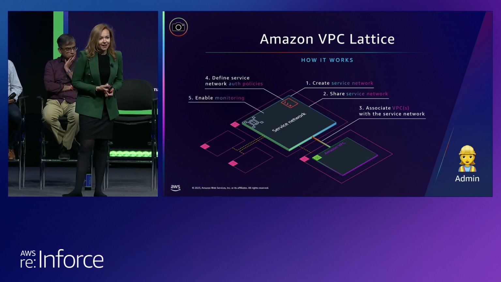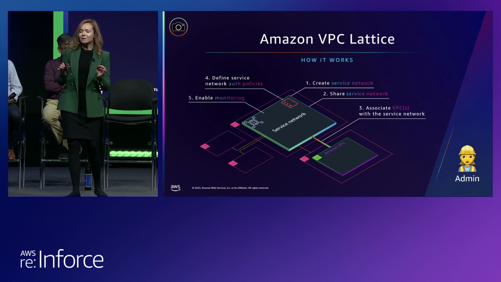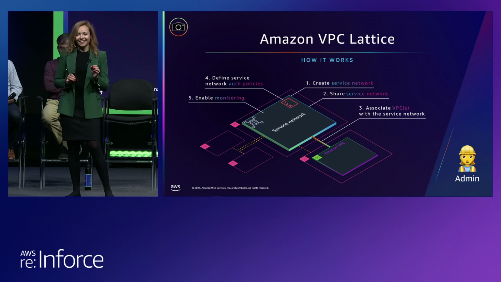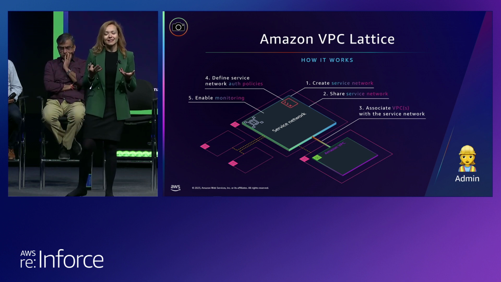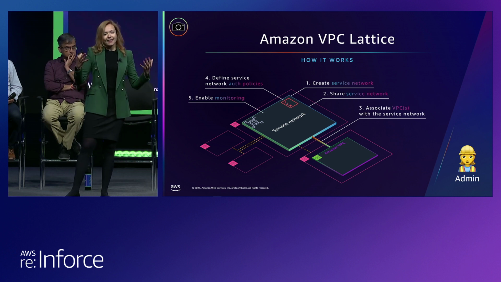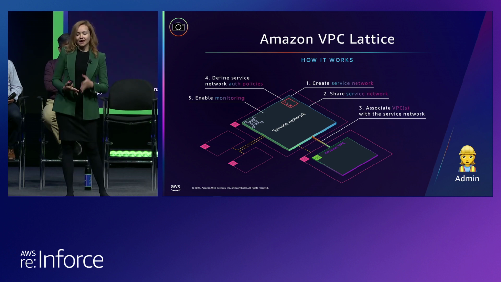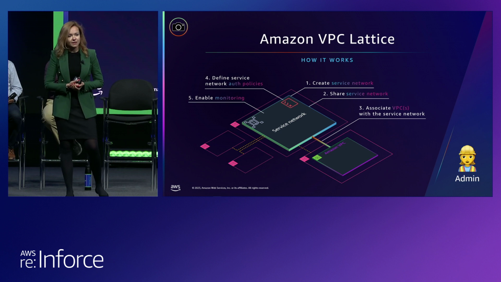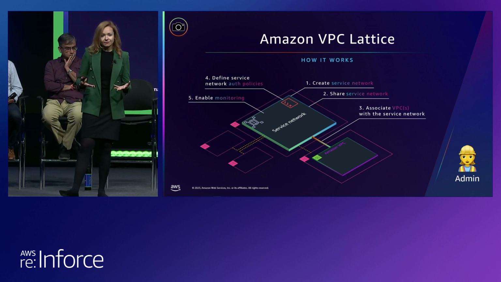And last but not least, which is probably one of the biggest pain points between these two personas, is the monitoring and visibility. And you have two layers of monitoring that show you, for these two personas, the same set of information. Monitoring enabled at the service network level gives you access logs, right?